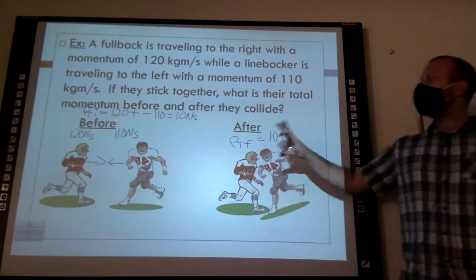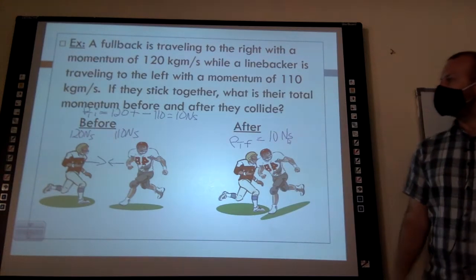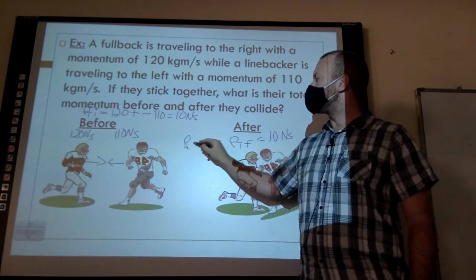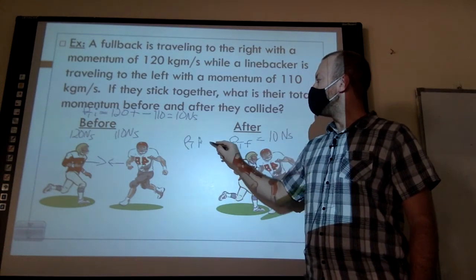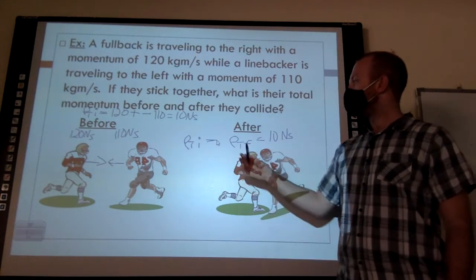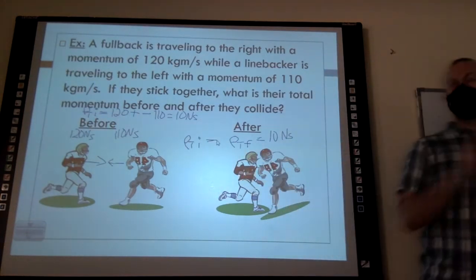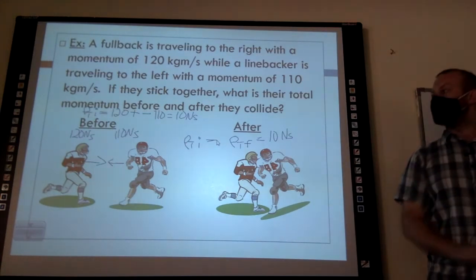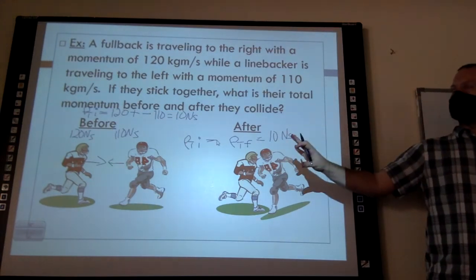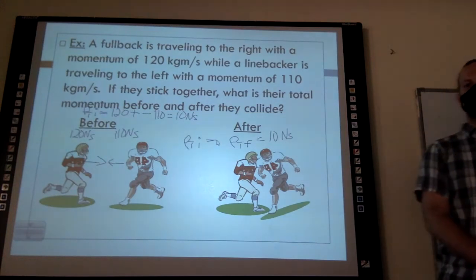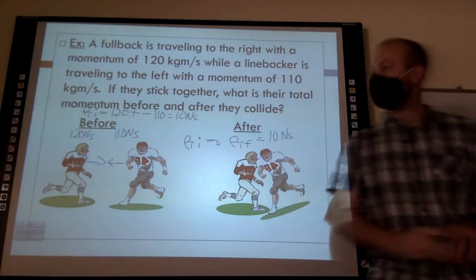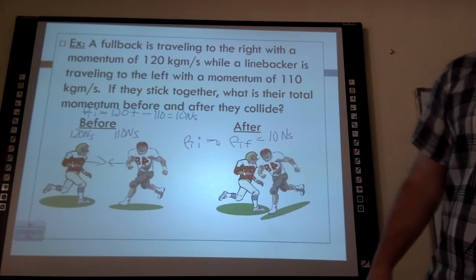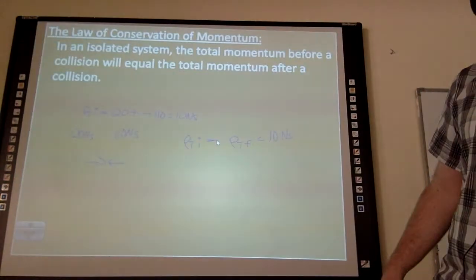So whatever that situation is, notice we've got momentum total initial is equal to total momentum final. That's conservation of momentum. Whatever your initial momentum is, that's equal to the final momentum. So all those thought experiments just to get us to this.